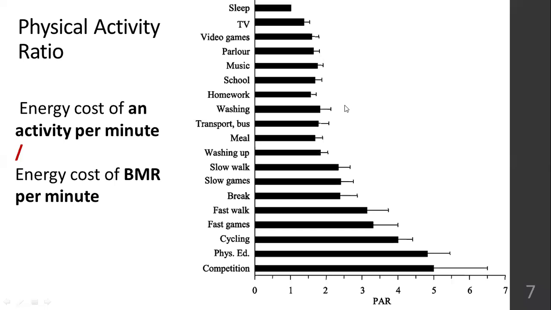Doing homework, eating a meal, playing music, going to a parlor, and washing up. Are these 5 activities making a person sedentary, moderately active, or very active?